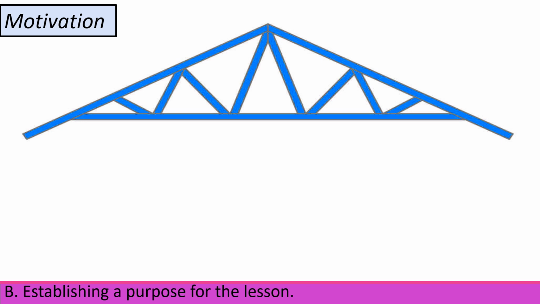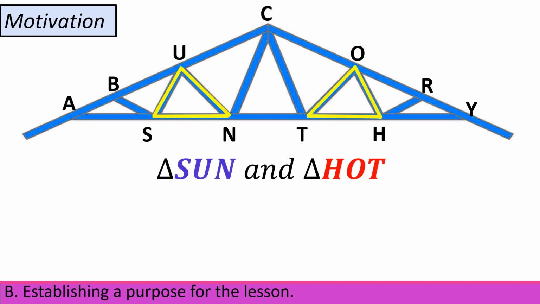So this is a strong frame that supports a building or a bridge. Suppose we are going to assign points on the truss and take into consideration the two triangles, triangle SUN and triangle HOT, to be congruent. What are the 6 pairs of congruent parts?